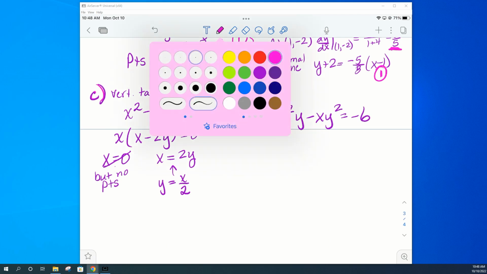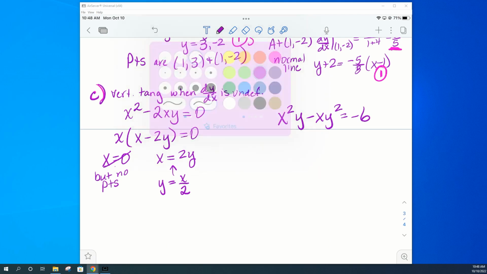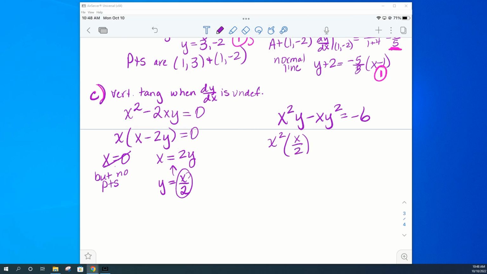I'm going to plug this x over 2 in for every y. So I have x squared times x over 2 minus x times x squared over 4. I hope you know where I got that. Again, if y is x over 2, if I square it, I square the top and bottom, is equal to negative 6. So what do I have? I have x cubed over 2 minus x cubed over 4 is equal to negative 6.